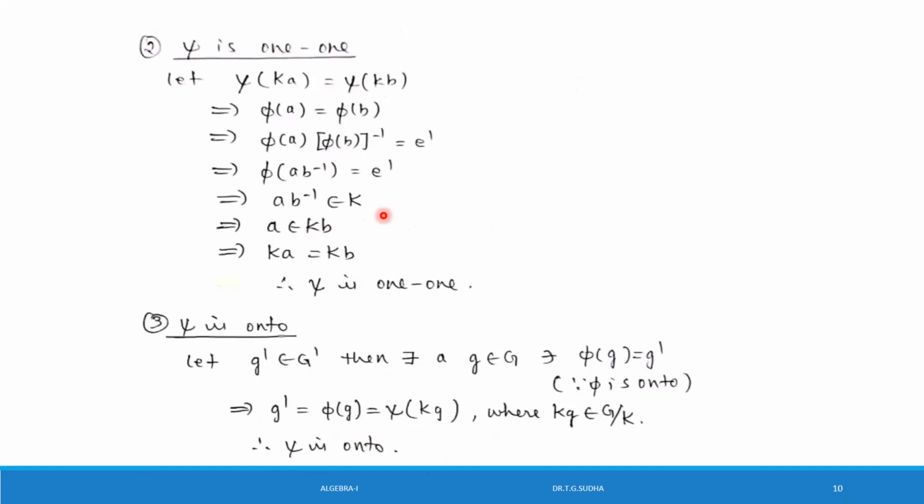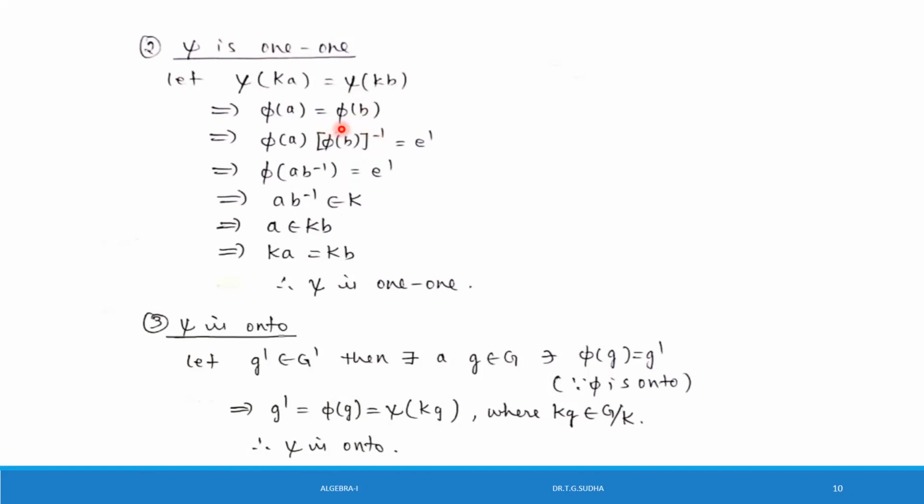Now let us show that psi is 1-1. So for that, let us assume the images of two elements are equal, and let us prove that the elements themselves are equal. So let us take psi of Ka is equal to psi of Kb, and that is equal to phi of A is equal to phi of B by the mapping definition of psi.